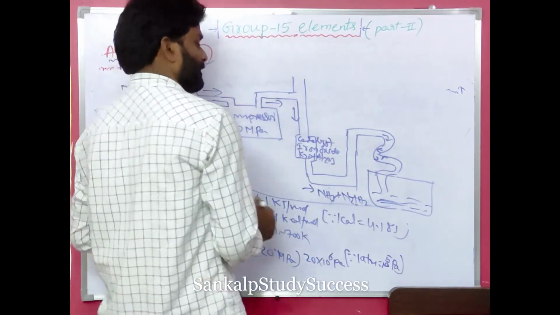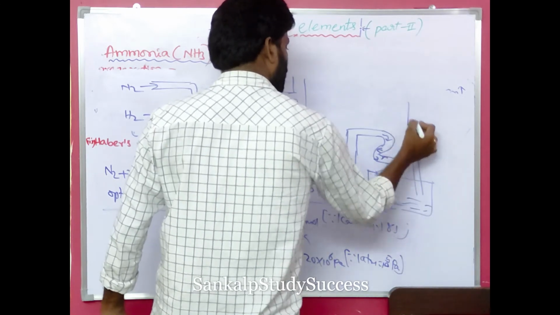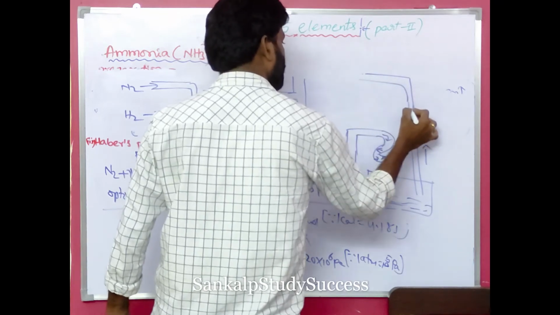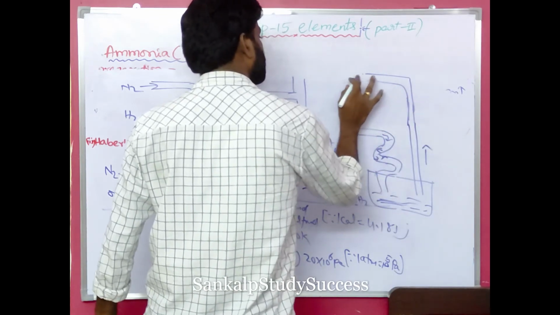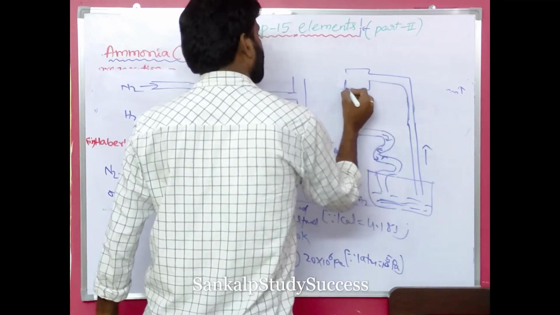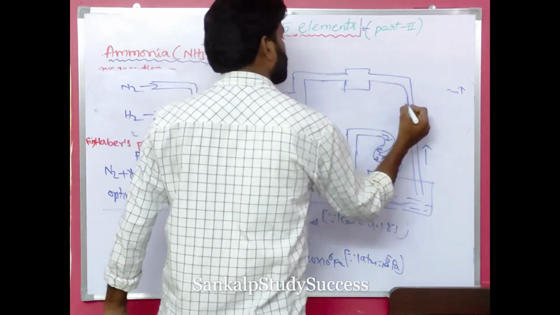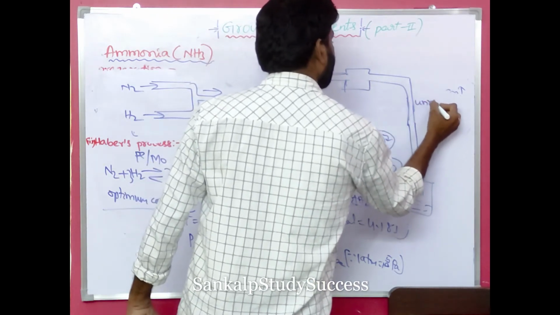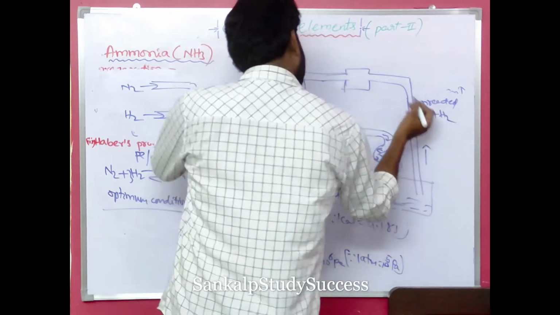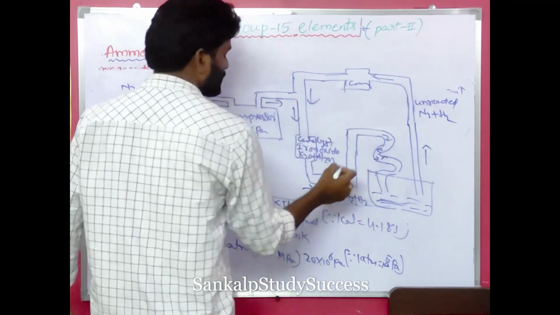Okay, the unreacted nitrogen and hydrogen, N2 plus H2, again pass through the compressor, and later through the catalyst.